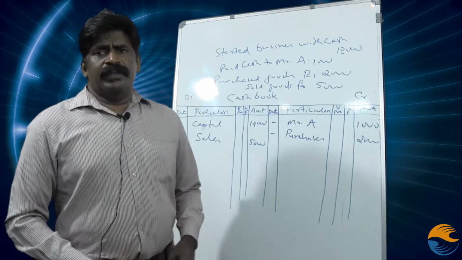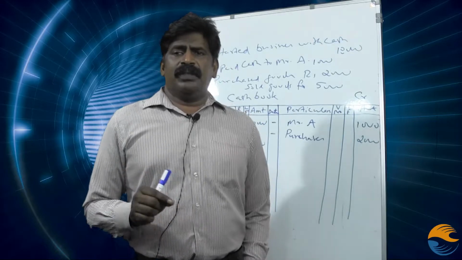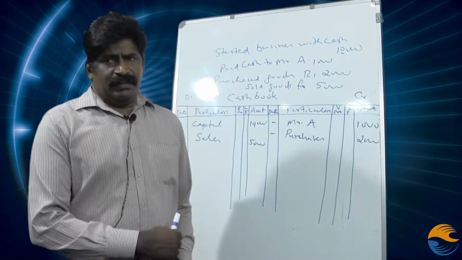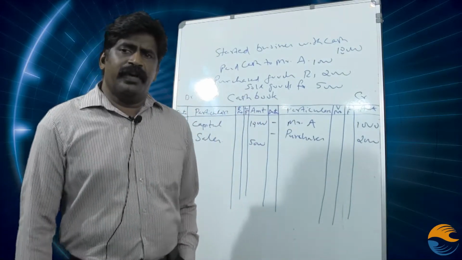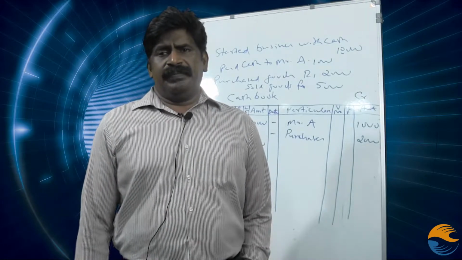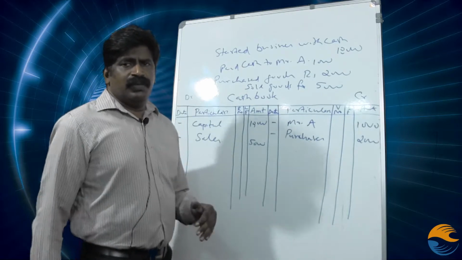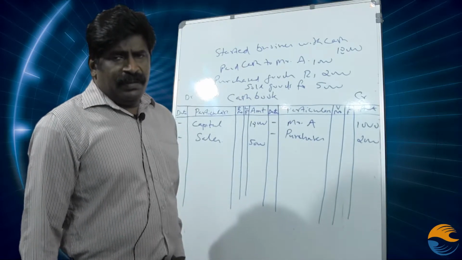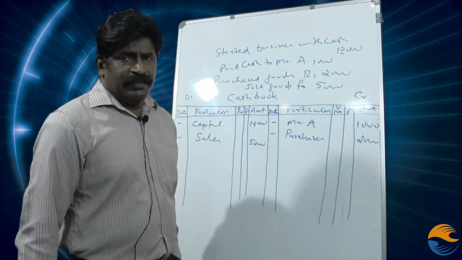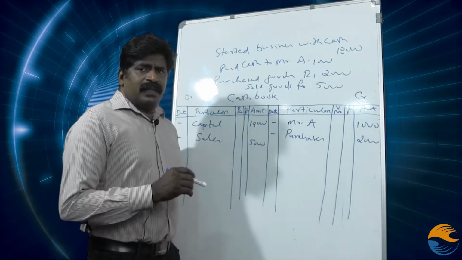In this way, all receipts are to be debited with this cash book and all payments are to be credited. After writing up this cash book, we have to balance it. The balancing procedure. How to balance an account?